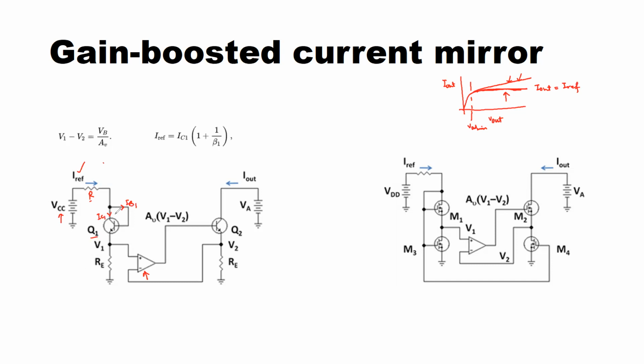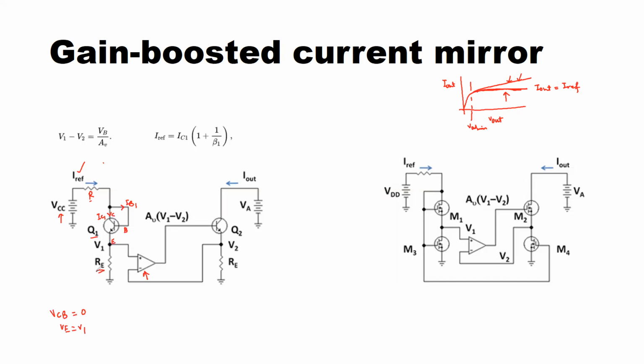Now, the collector pin of the BJT Q1 and the base pin of the BJT are shorted together, as you can see on the screen. Therefore, VCB of this transistor is equal to 0, that is, the voltage at the collector and the voltage at the base are the same. And the voltage at the emitter, I will call VE, is equal to V1.